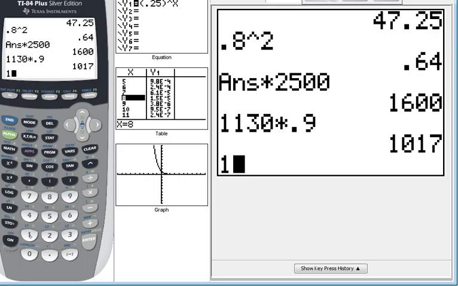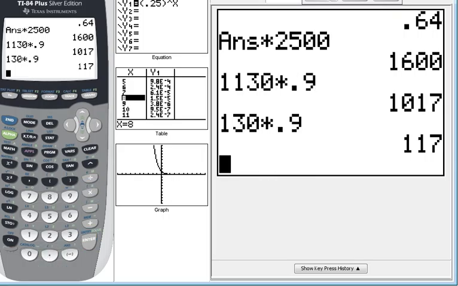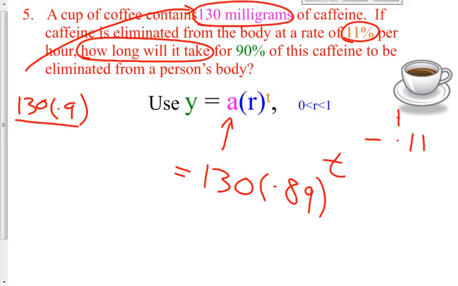Sorry, it should have been 130. 130 times 0.9 is 117. So it's saying, how long will it take for 117 milligrams to be eliminated from this person's body?